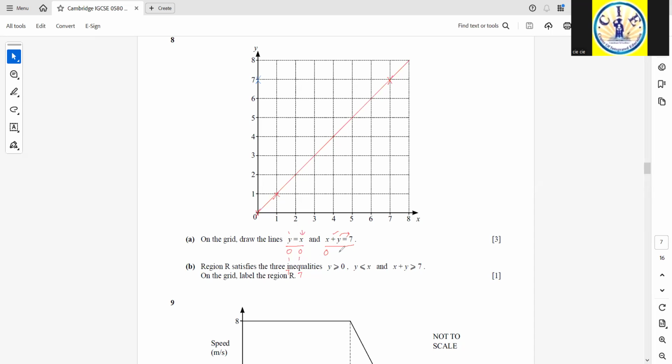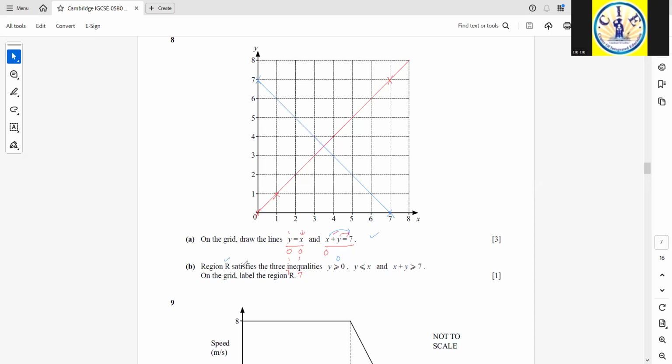And when I replace y equals 0, the value of x would be 7. So this is going to be the point. And then joining them by this straight line, we get the graph of these two equations. So we are done with this part.